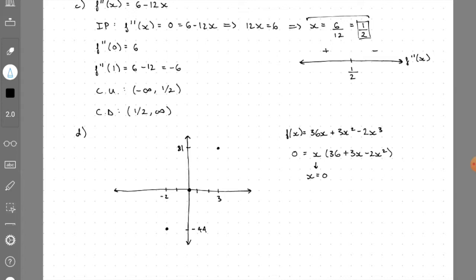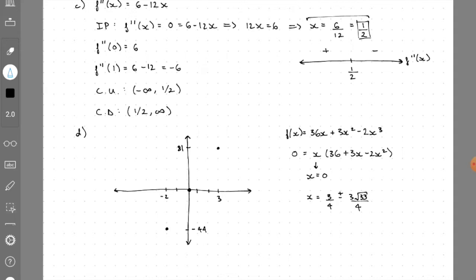And then by using the quadratic formula, I'm not going to do it because I calculated it before. But if you use the quadratic formula, we get x equals 3/4 minus 3 square root of 33 over 4. And then the other one is going to be the plus. That doesn't look very helpful.